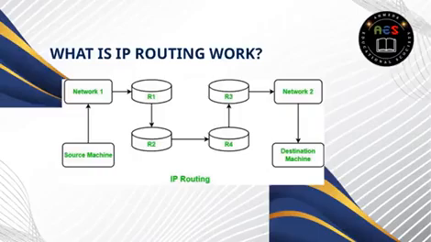This involves making decisions based on IP addresses and routing tables, which contain information about the best paths available. Understanding this helps us see how networks communicate seamlessly, even across vast distances. Essentially, IP routing underpins all internet activity, enabling us to browse websites, send emails, and stream videos. It's the backbone that keeps our digital world moving smoothly.